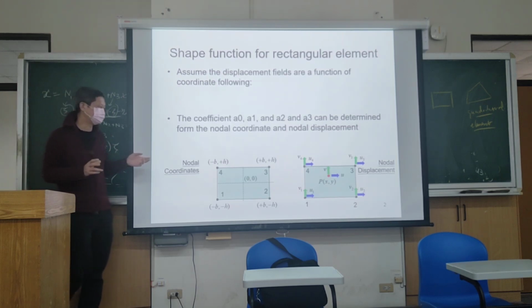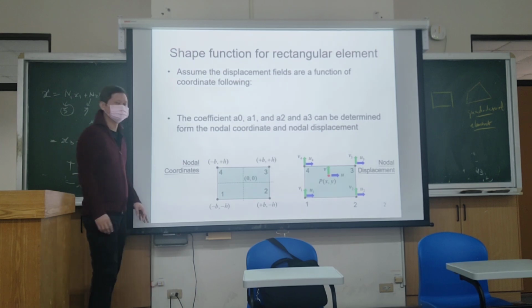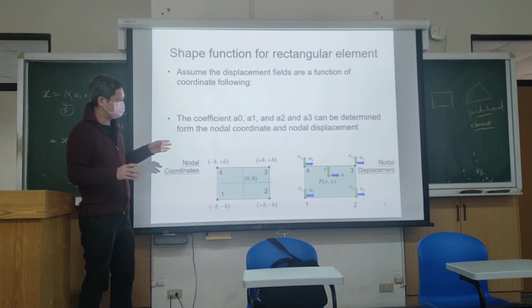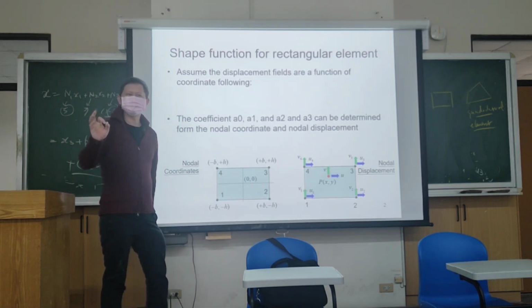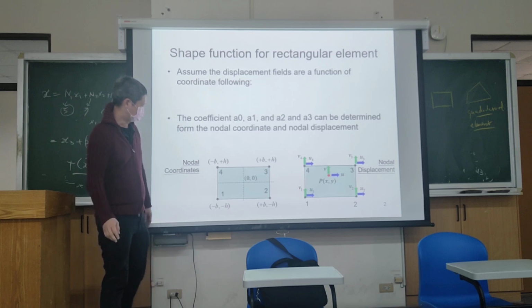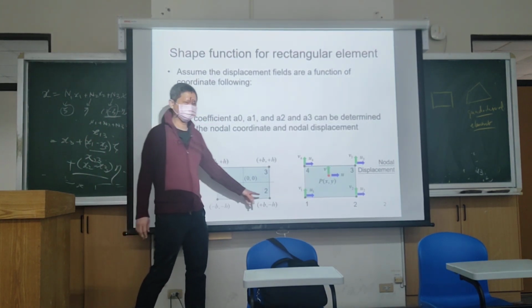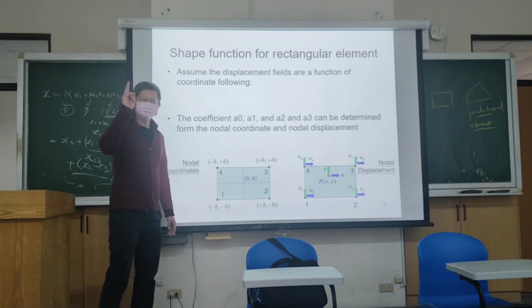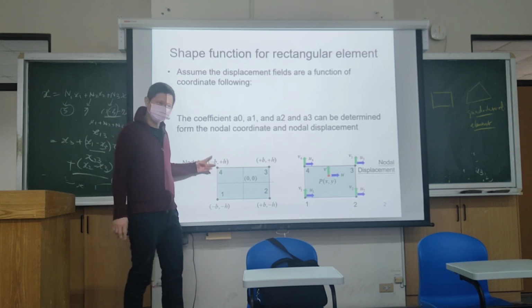Okay, what happens if you now have a rectangular element? To make the formulation easier, we set the center to have the coordinate 0, 0, and then the width of this rectangle to be 2b and the height of this rectangle to be 2h.